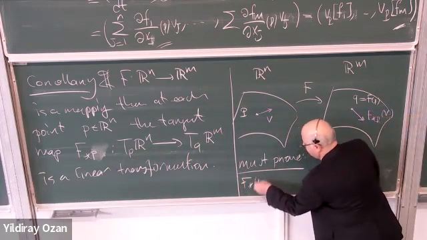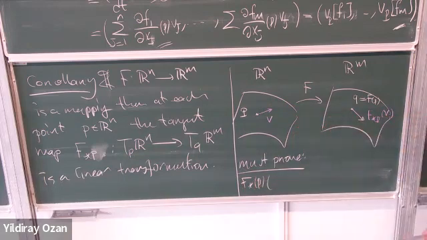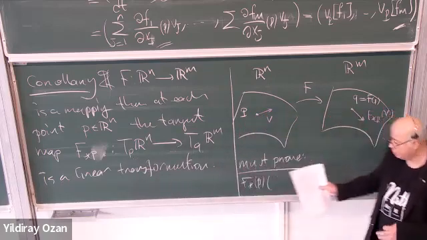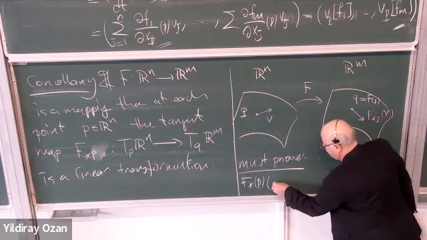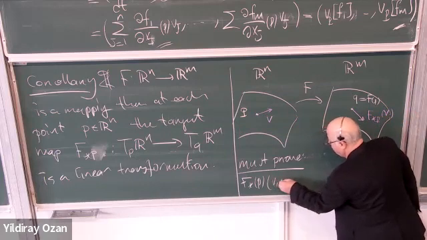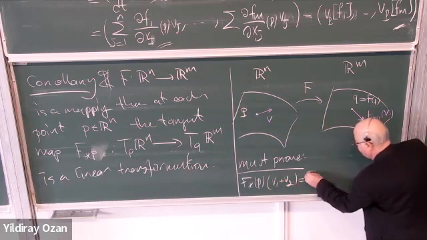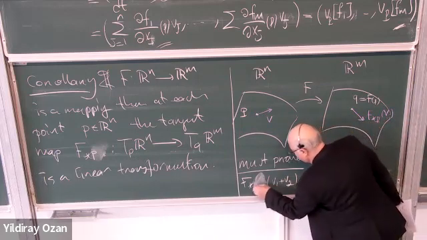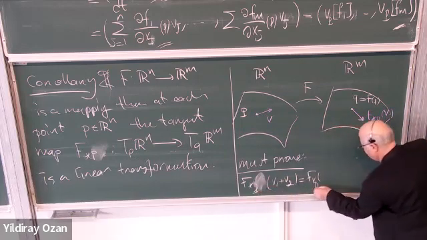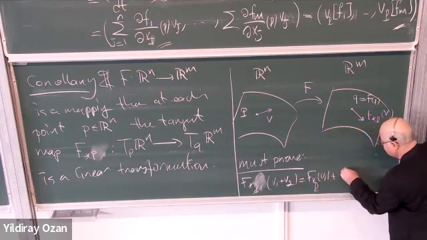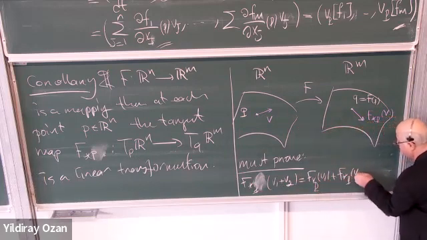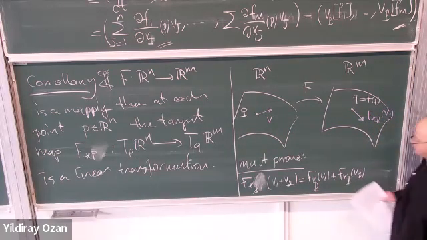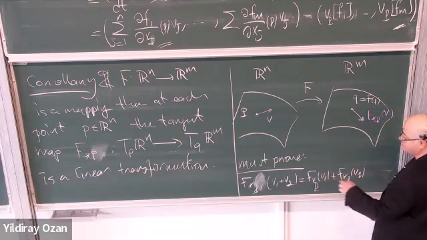F star at P, if I take two vectors and add them up, then the images should be, so F star at P of V1 plus V2 should be F star at P V1 plus F star at P V2. I have to prove this, and I have to prove also that I can take constants out.